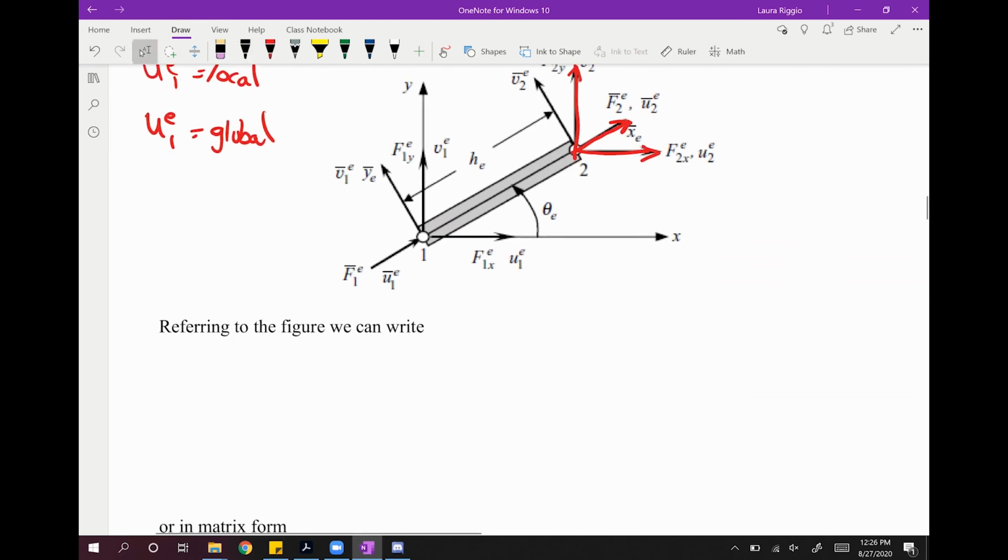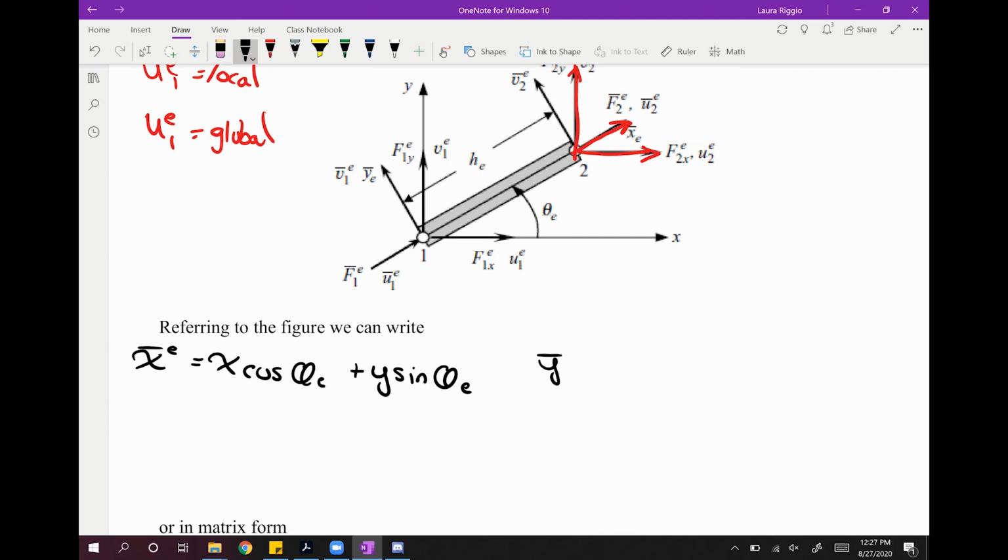So how do we do that? How do we go from local to global? Well, we can say that X bar is X cosine theta plus Y sine theta, and we can say that Y bar is minus X sine theta plus Y cosine theta.